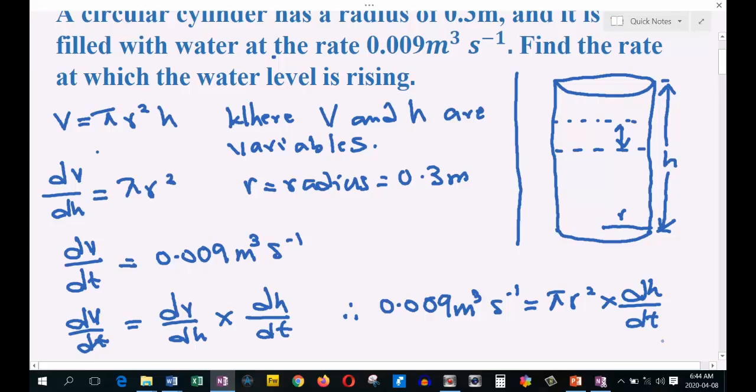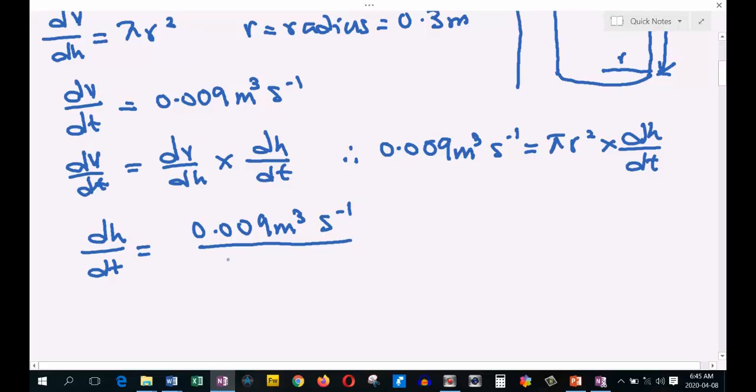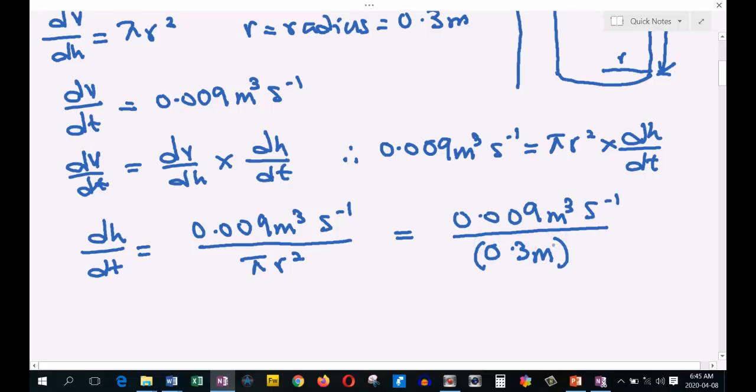Our 0.009 meters cubed per second is the rate at which the volume is changing, and pi r squared is the differentiation of V with respect to H. So dH/dt will give us 0.009 meter cubed per second all over pi r squared, and this will give us 0.009 meter cubed per second all over 0.3 meters all squared times pi.